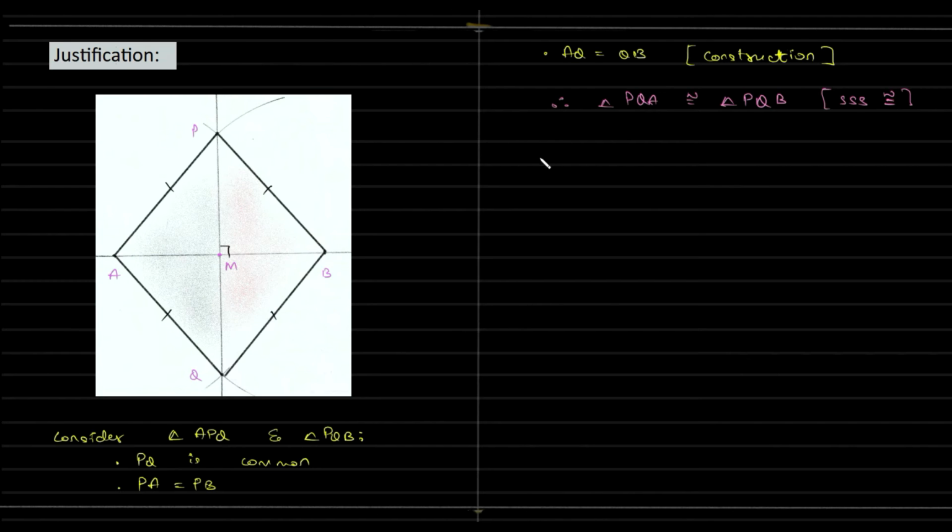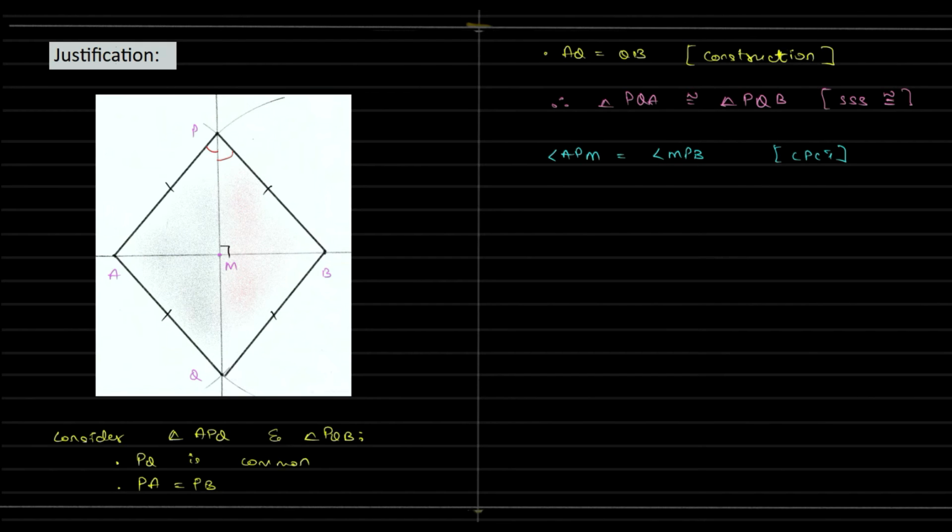So with this we can tell that angle APM is equal to angle MPB, CPCT. So these two triangles are congruent, so I'm telling this particular angle is equal to this particular angle.